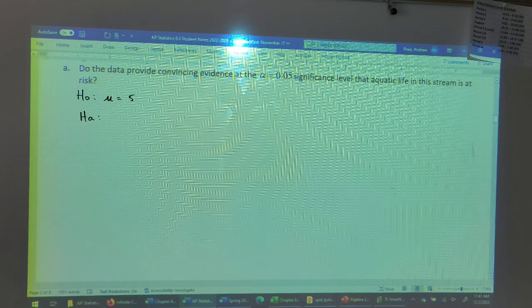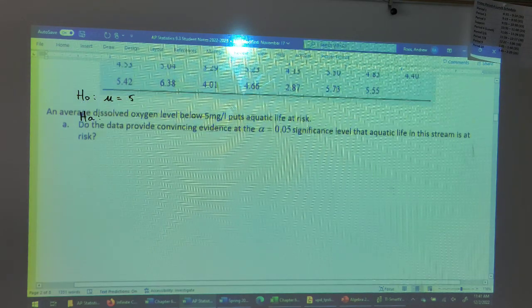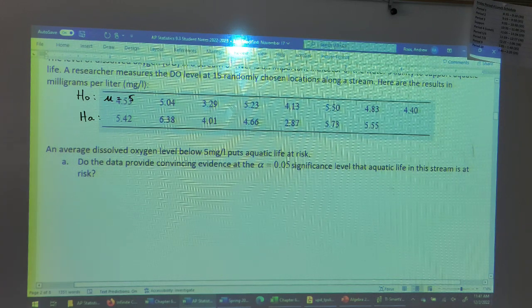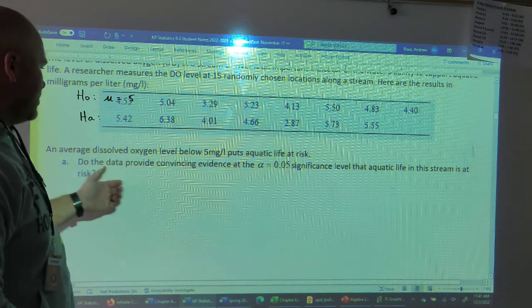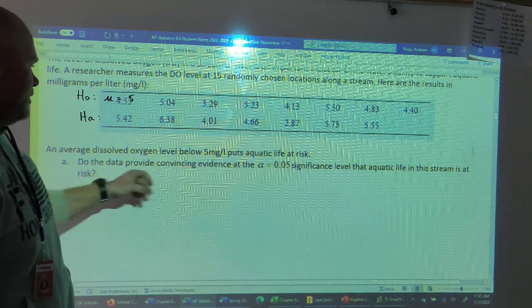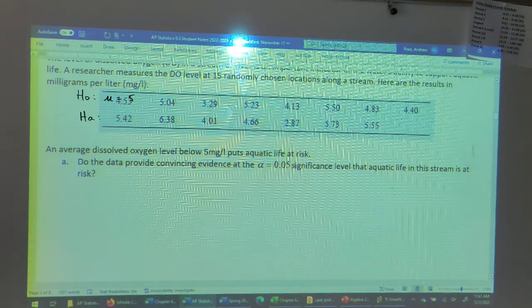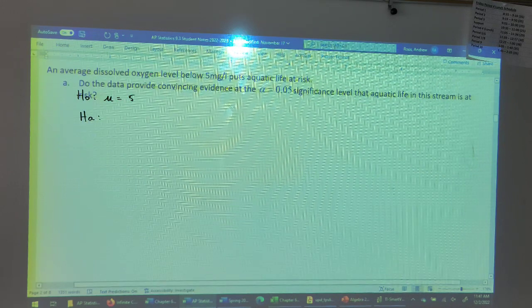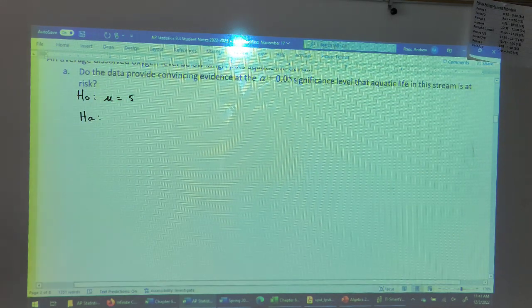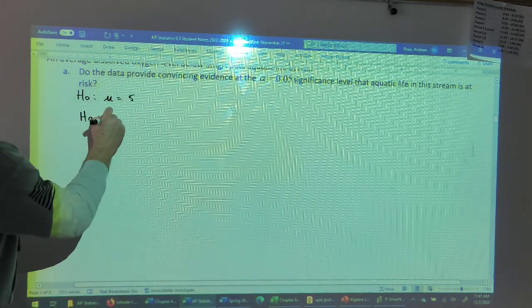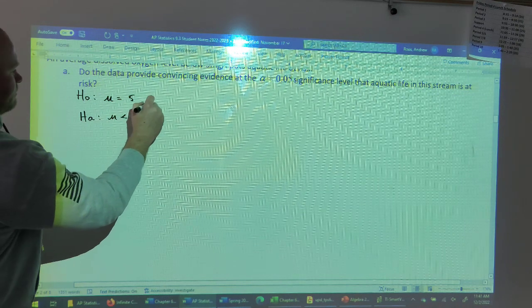And then we're testing to see if aquatic life in this stream is at risk. Well, they're at risk if the DO level is below 5 milligrams. So in our alternative hypothesis, we'd be testing to see if the true mean is less than 5.